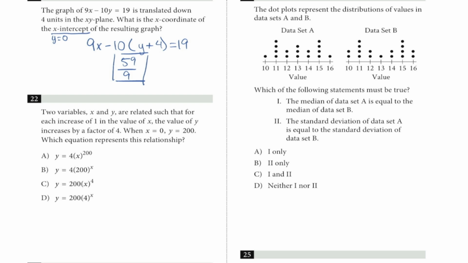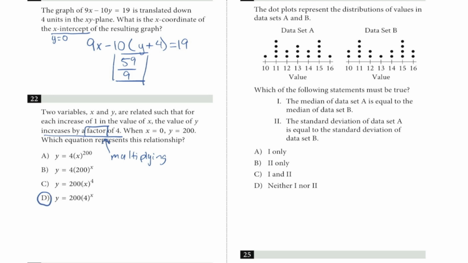So whenever they say something is increasing by a factor of 4, the word factor just means that we're multiplying. So we're multiplying by 4 is what that's basically saying. And the answer that shows that we are continually multiplying by that number, the answer that does that for us is D.